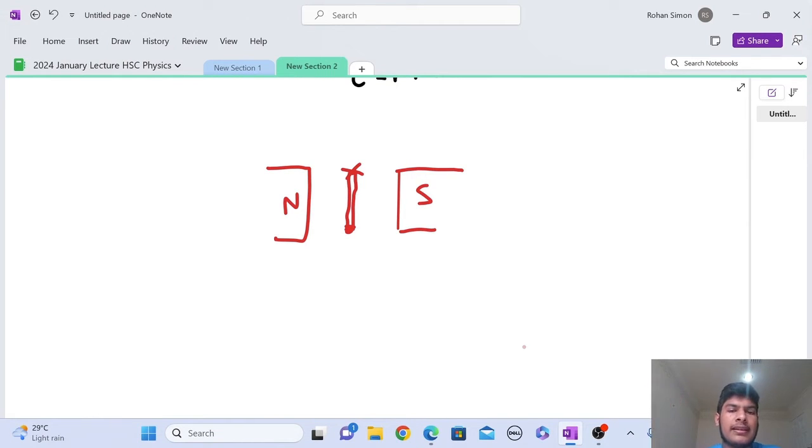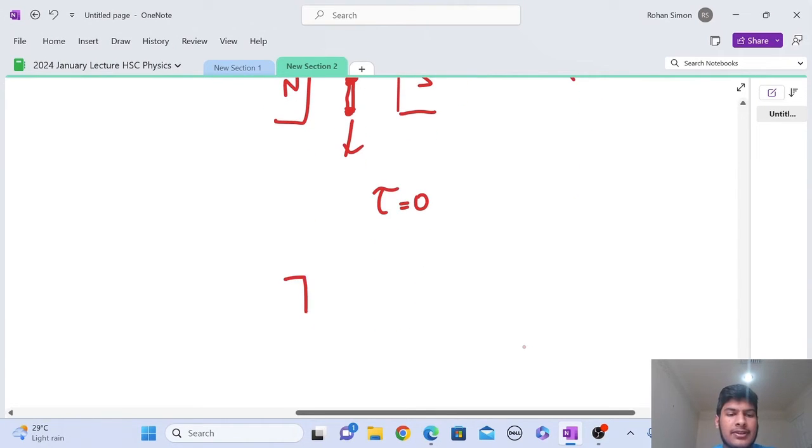Although we do have a force on each of these conductors, this distance from the center, this r, the force is parallel to that lever arm. If I redraw that, this is our center, this is our lever arm, this is our force. Since the force is parallel to that lever arm, it generates no torque. So at this position, the torque is equal to 0.